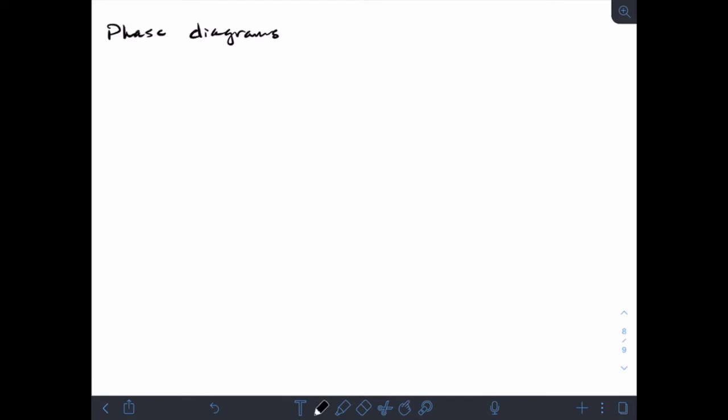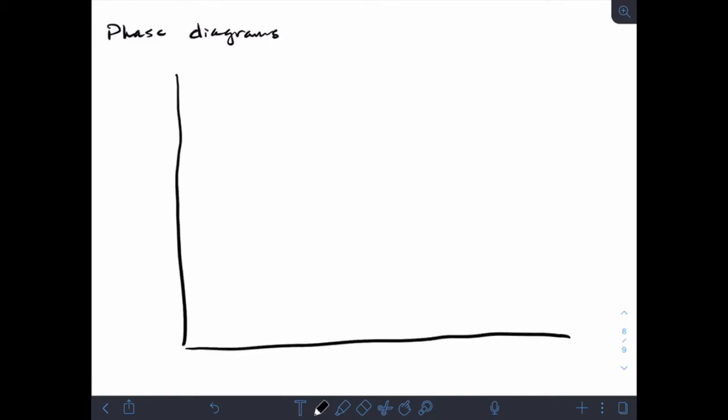So my phase diagram is going to look like this. Let's see if I can draw a nice big one, because it will be helpful. So on the y-axis, we have pressure, right? And pressure increasing that direction. And on the x-axis, we have temperature increasing to the right.